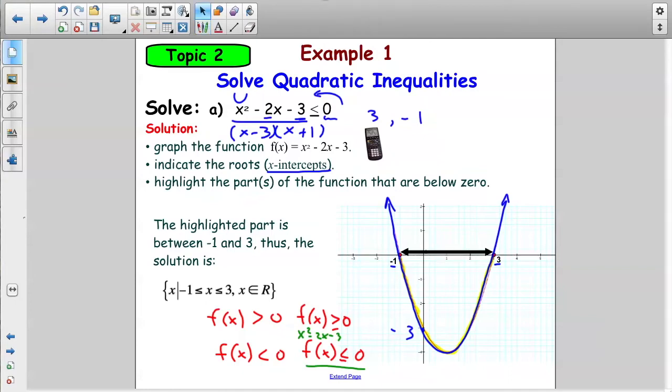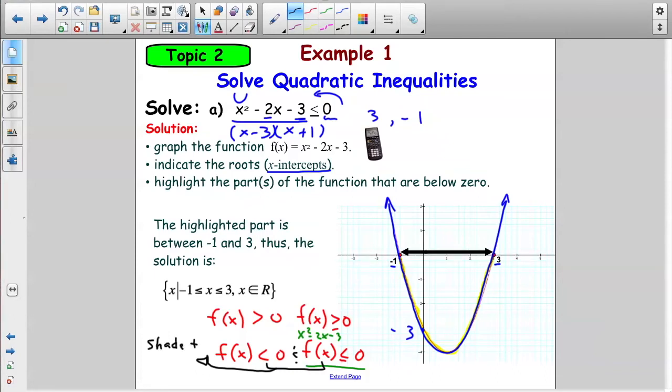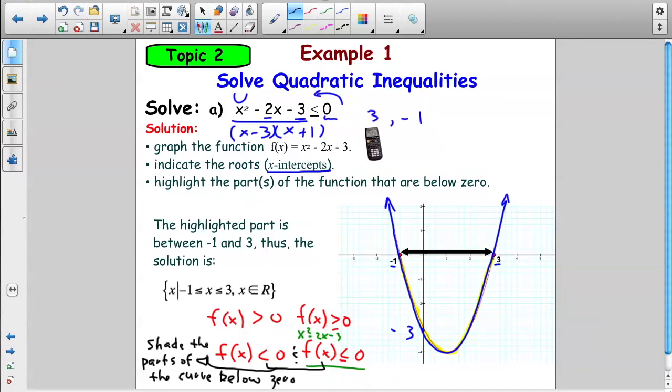So less than, so these two right here, this one and this one, this is where you shade the parts of the curve below the 0 line.